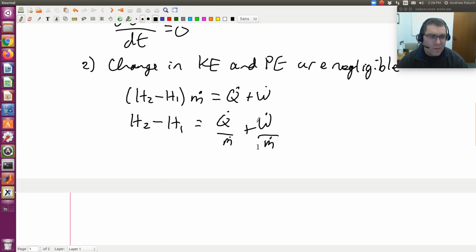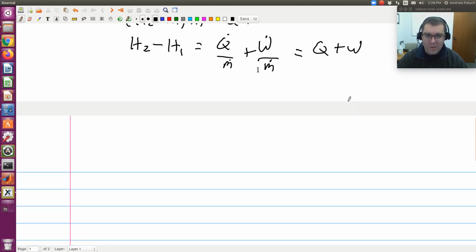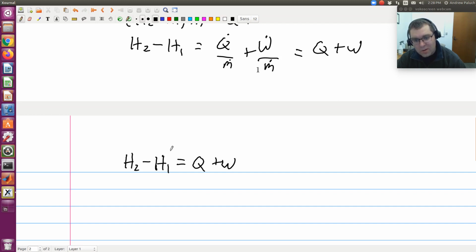Remember, Q dot and W dot were rates, energy per time. Now we're dividing by mass flow rate, mass per time. So this is going to work out to be just Q plus W, as we had them before, energy per mass, which agrees with H on the left side. So my first law balance reduces to H2 minus H1 is equal to Q plus W.